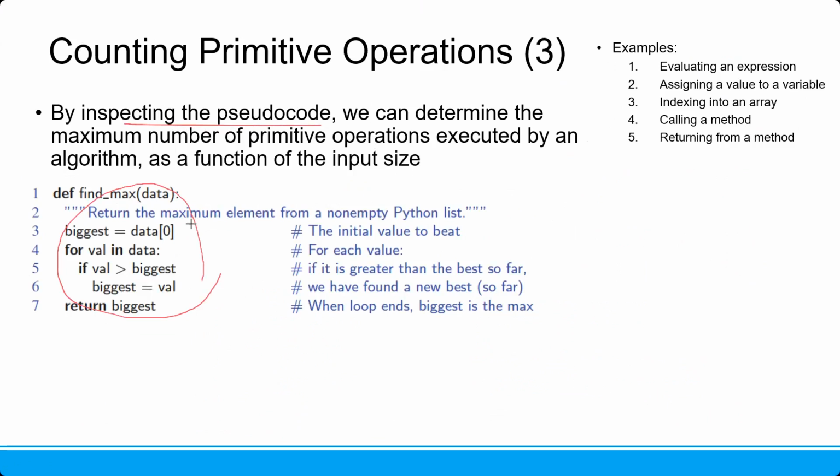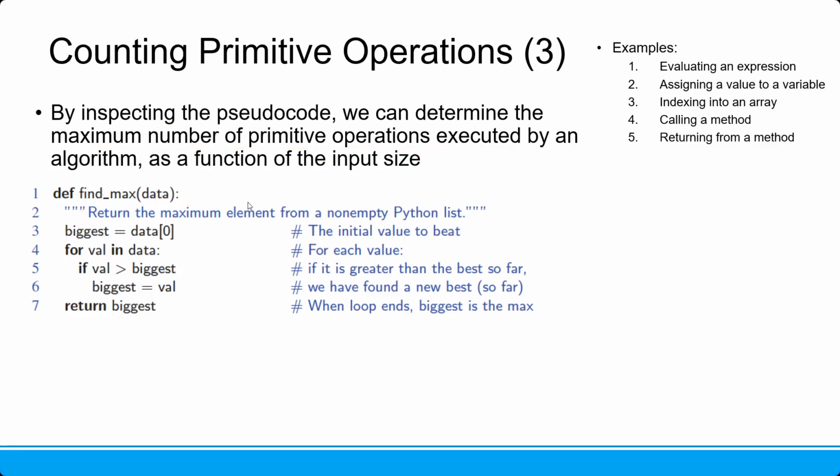It is easy to understand. So we can determine the maximum number of operations executed by an algorithm as a function of the input size. So the input size means any data. Let's say we have the data with n, and we can say the number of data equals n.